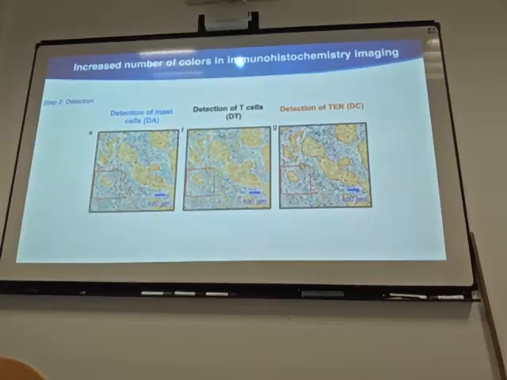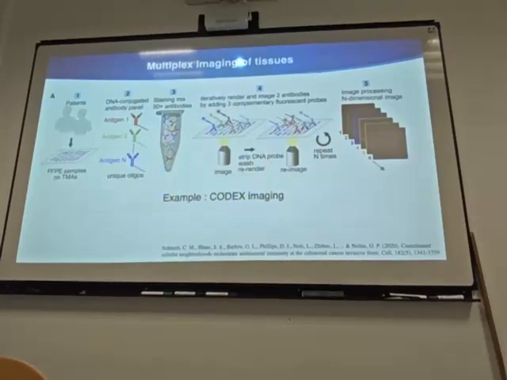So you use different labels to color the tissue in 2, 3, 4, 6 colors. And this is not that big because this is one example, but there are now 3 or 4 different technologies where you can image. So for example, here for the CODEX imaging, you can image.